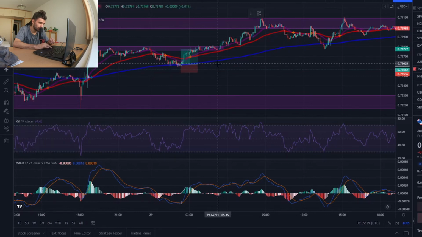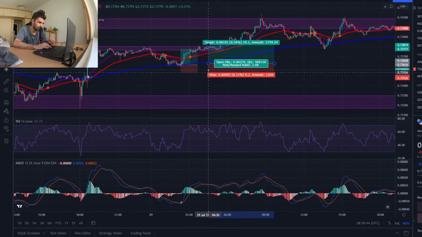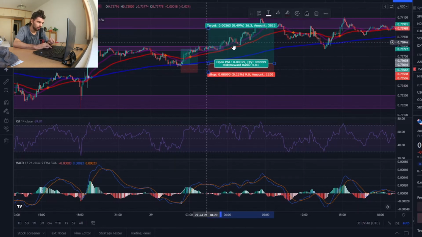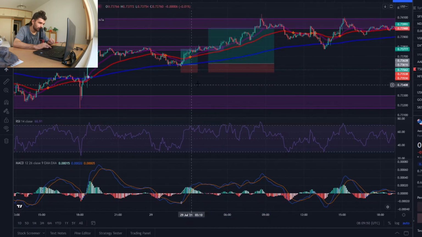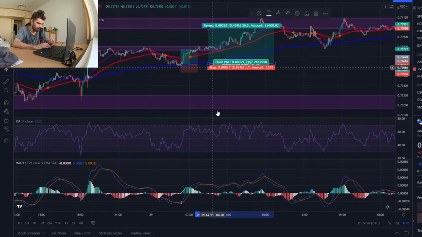But to make it simple, like I said, use a 1-to-2 risk reward ratio. Otherwise, target the resistance line on the 1 hour chart, and then make sure to adapt your stop loss and to move it to the break-even point.